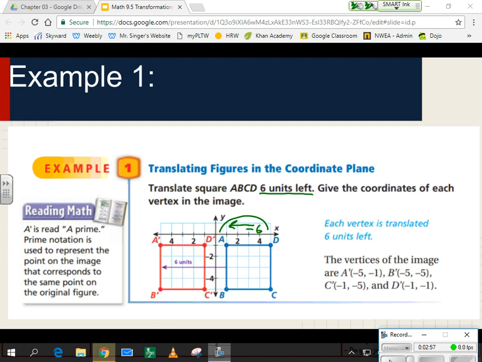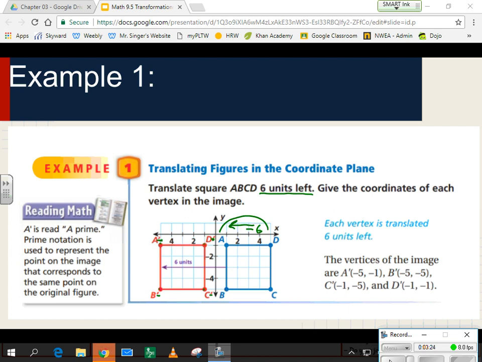So we're going -6 down the number line to a new spot. So A moves 6 times, D moves 6 times, B moves 6 times, and C moves 6 times. Now you're going to see this little apostrophe next to the A, B, C and D over here. That means it's a prime. Basically, that means it's a replaced image. Okay, so we call it A prime, B prime, C prime, and D prime.